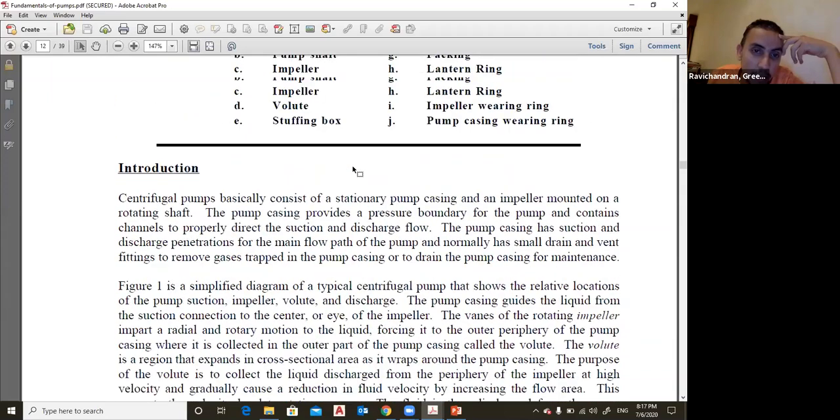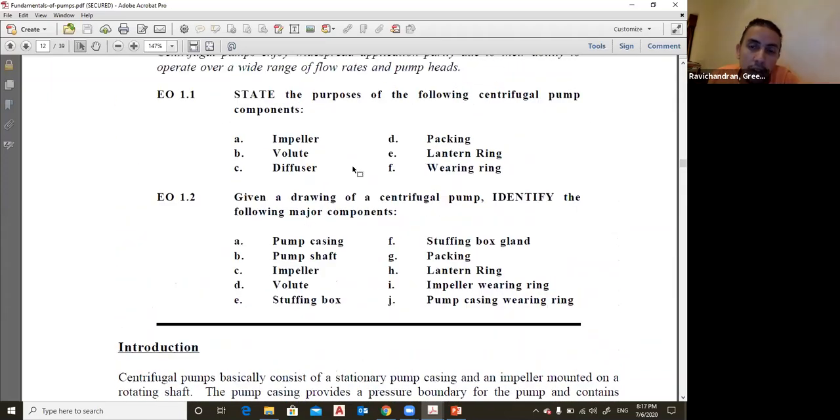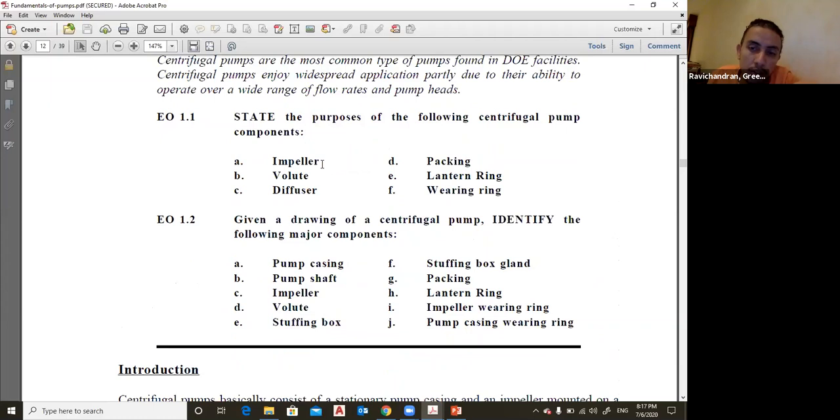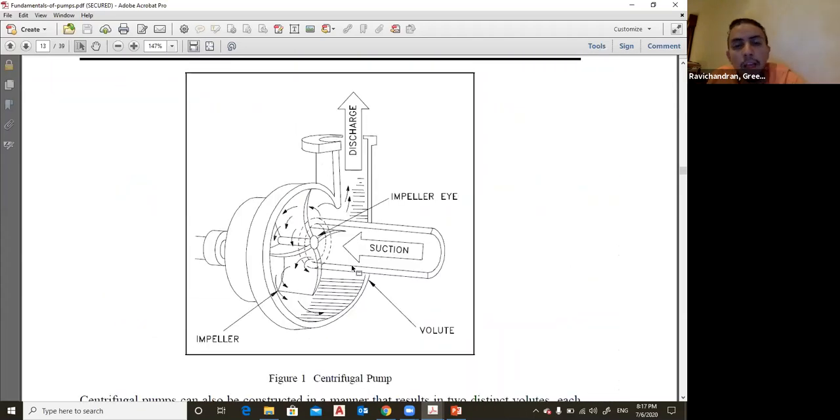Centrifugal pumps. He talked at the beginning about centrifugal pumps, with notes on the impeller, volute, diffuser, and so on. Going to the details, firstly, this is the centrifugal pump design. This is the impeller, this is the eye of the impeller. This is the suction and this is the discharge, maybe vertical or sometimes horizontal.